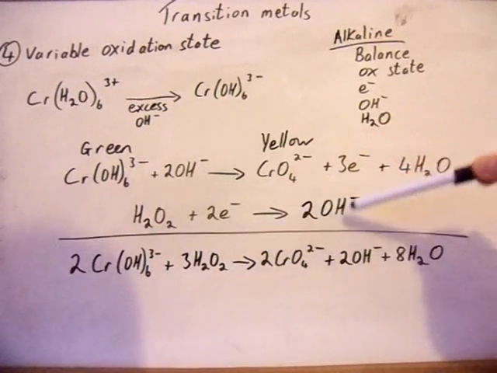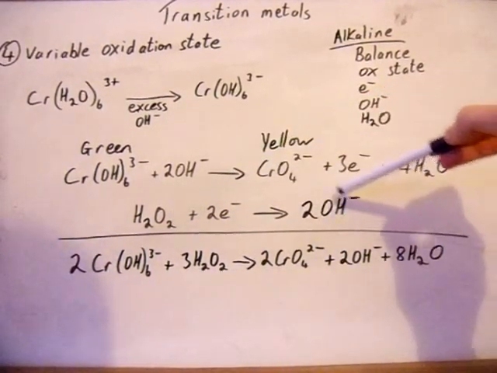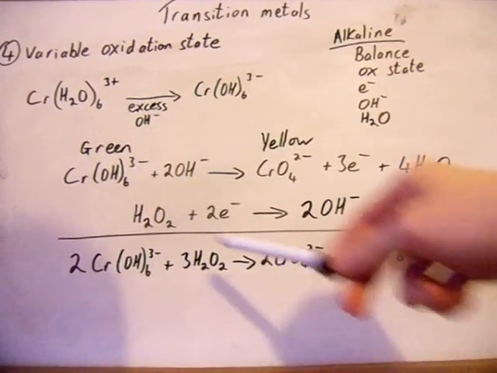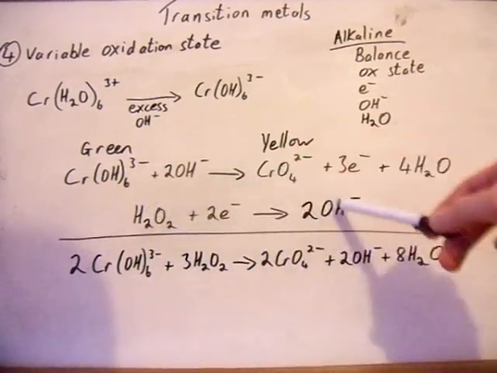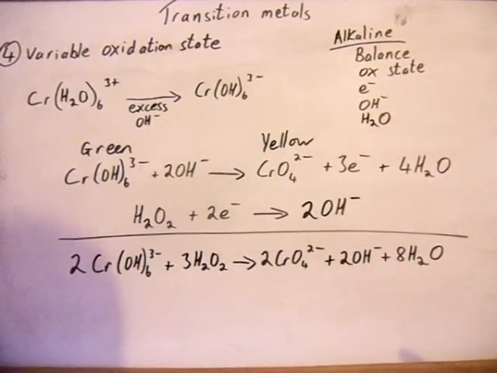Now the hydrogen peroxide half equation, nice and easy there. As you can see, H2O2 goes to 2OH-. If I look at the oxidation state, it's -1 for the oxygen here, -2 here. So each oxygen is gaining 1 electron, so I needed to gain 2 electrons in total.